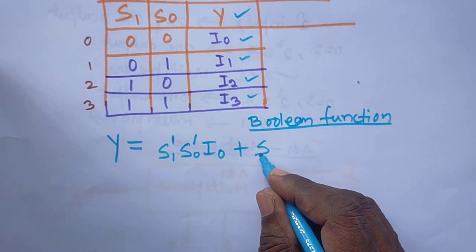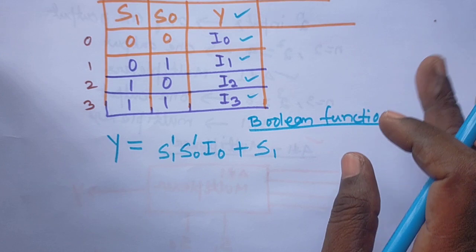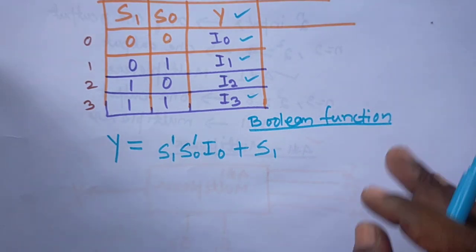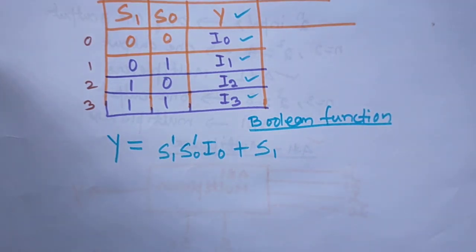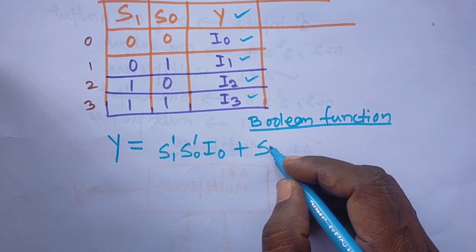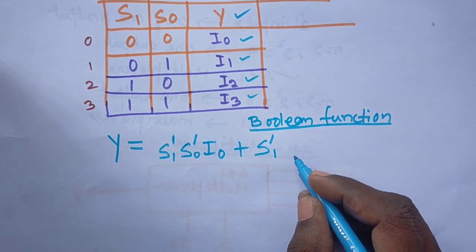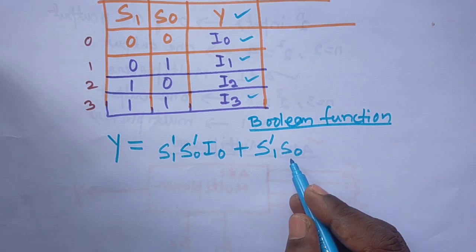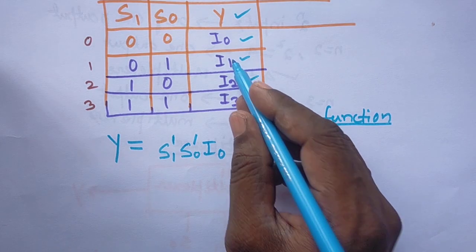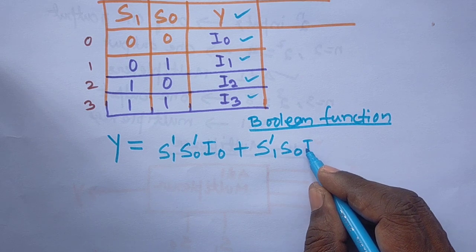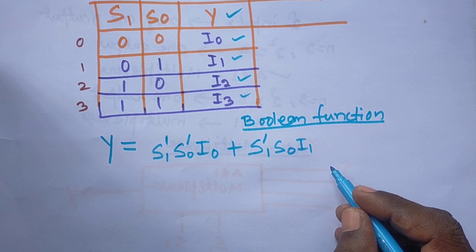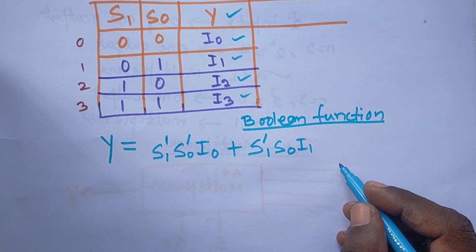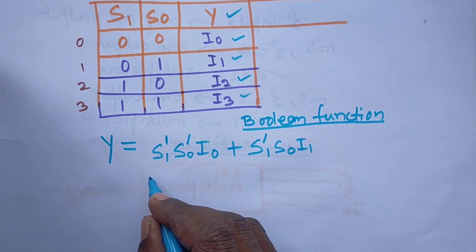So we write S1 complement. S0 is 1, meaning no complement is there. Then what is the output? That is I1. This is one concept. Plus, again plus.